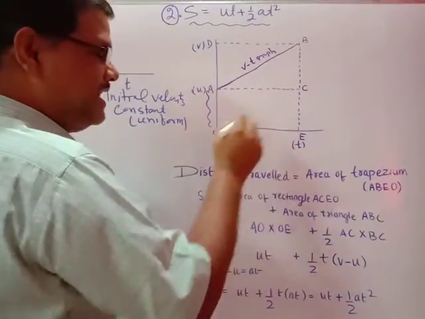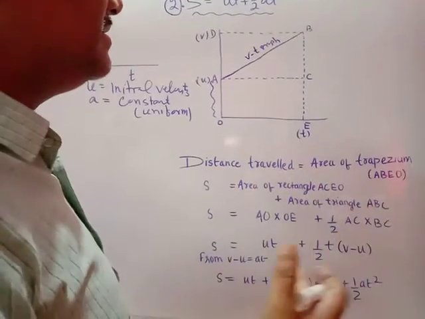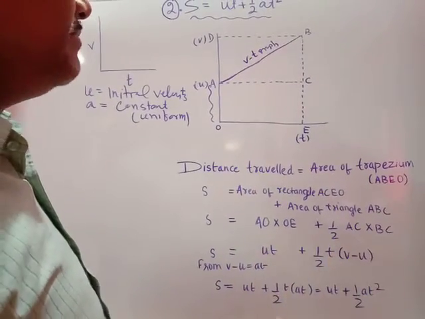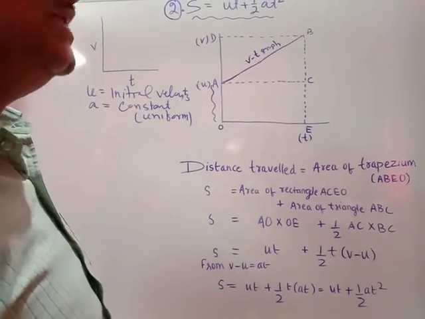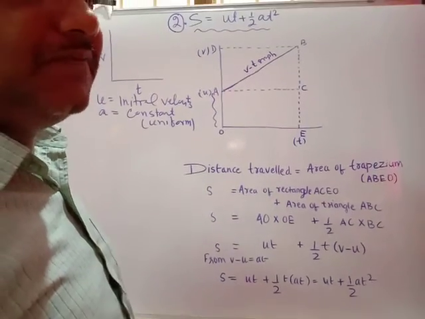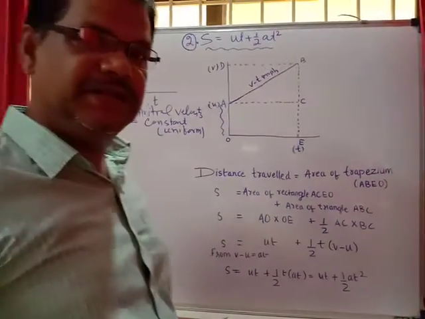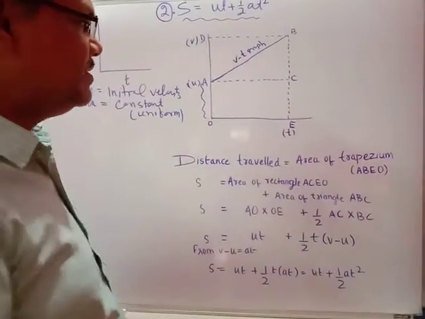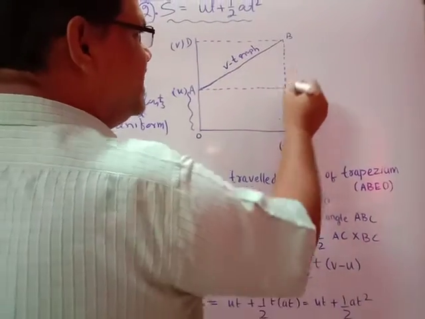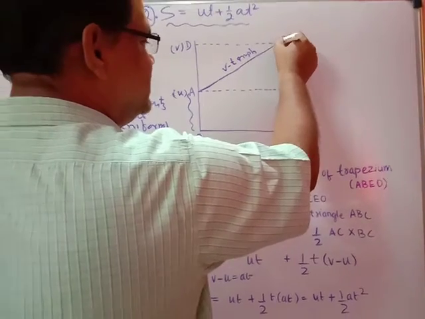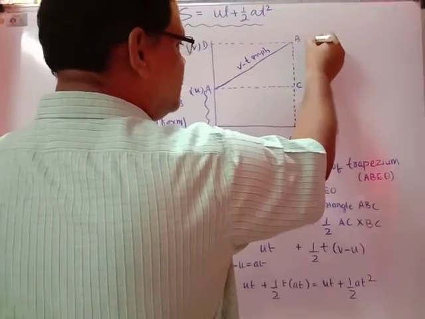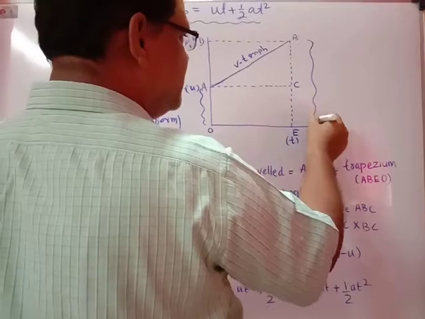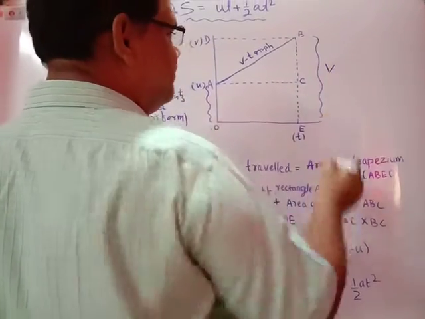And after time t, we find the velocity, and that velocity is called the final velocity. Whenever t is here, the final velocity is this one. It is reaching the point B, so from this point, that is called the final velocity v.